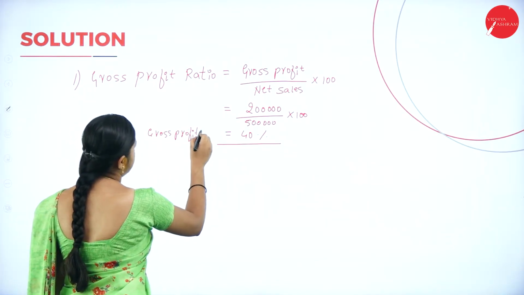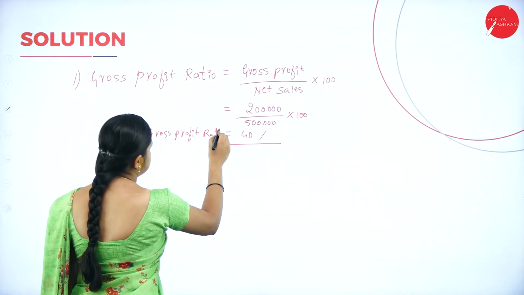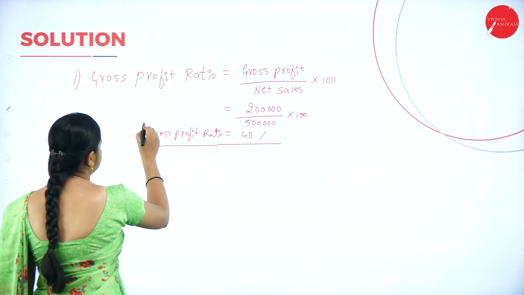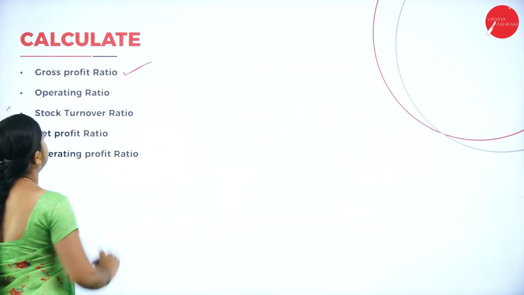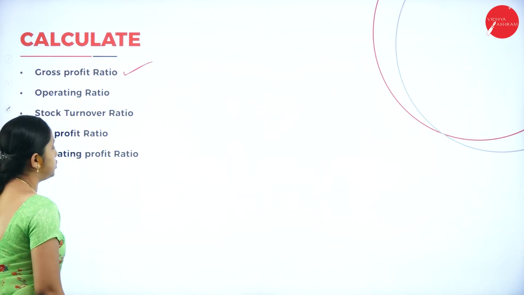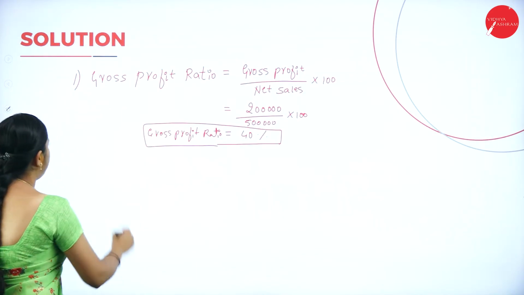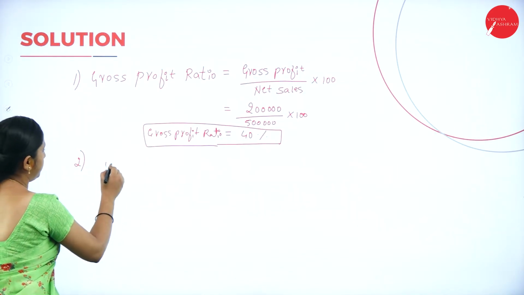Gross profit ratio is equal to 40%. So we have calculated the gross profit ratio.